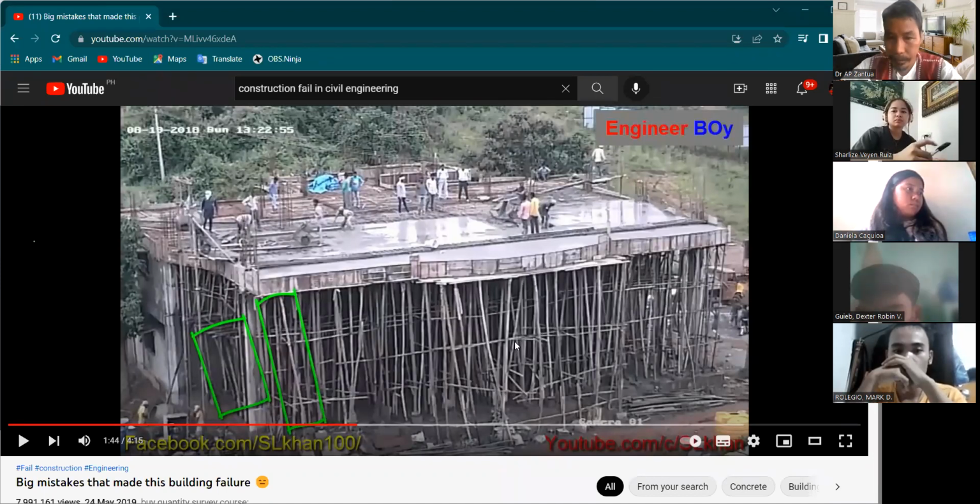Okay, so for building, take note, this column and the next column going to the rear portion of the building, it's about 4 to 5 meters.